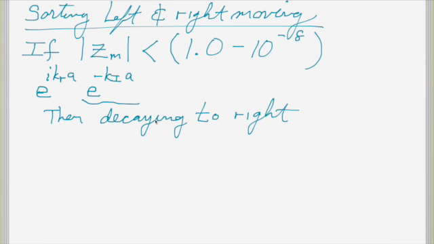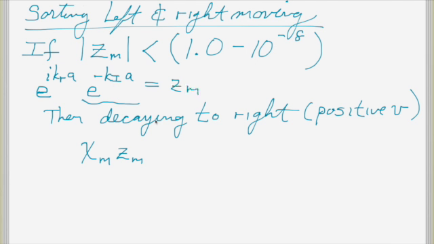So you say that's a positive velocity. You throw that into the positive velocity group, right? The form of our wave function was chi m z m.